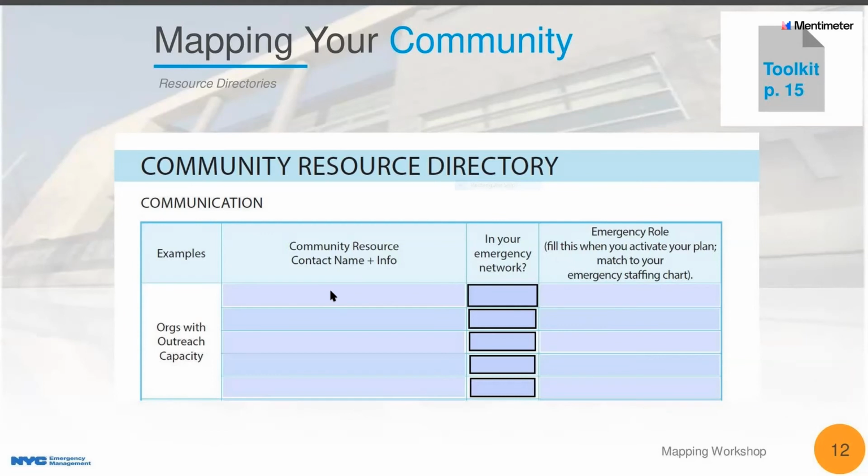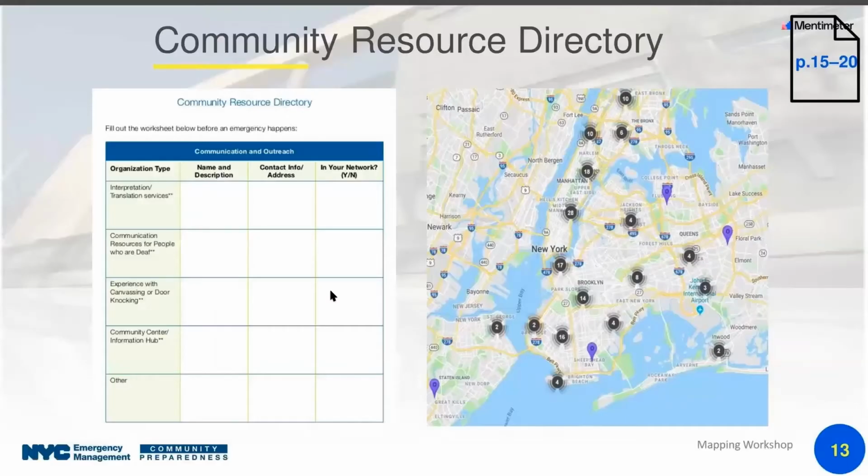And it goes into much greater detail. On this page, you can see where, with regards to communication, we're encouraging you to look at what organizations might be able to provide interpretation or translation services, communication resources for people who are deaf or hard of hearing, experience with canvassing or door knocking, and where there might be a community center or information hub near you, and you might have several.